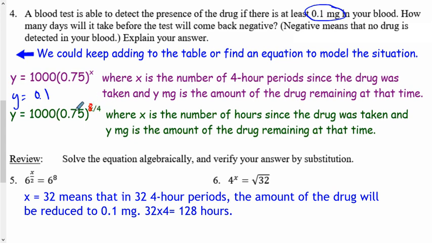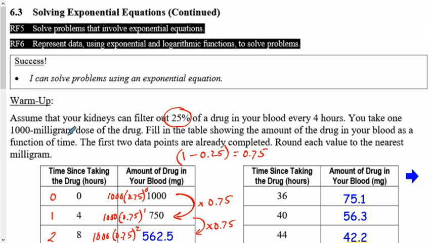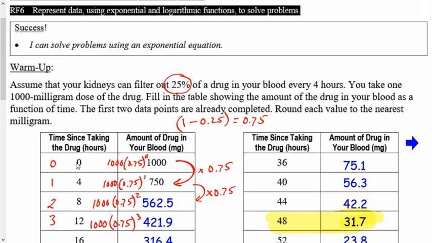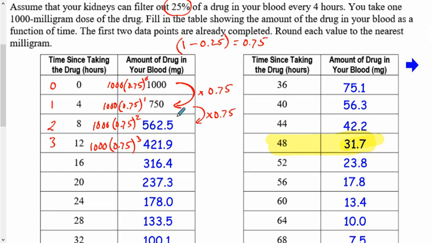This decreasing has happened twice. So 2 4-hour periods will have happened. Sorry, that was a little confusing. So where that corresponds on our table is this entry here, where this 8 is my x value now, and the 2 is the result that I get when I do that 8 divided by 4. Okay, so that's how that second equation works.